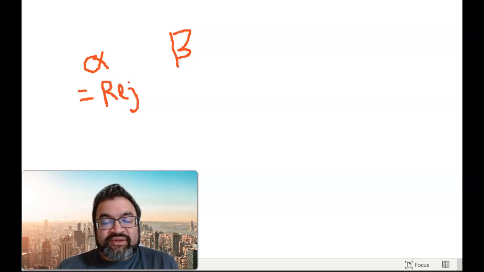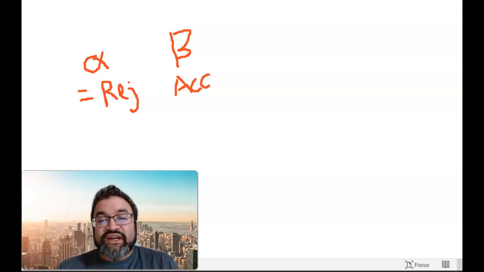And then beta represents the acceptance of a false null hypothesis. So these are the two concepts, and then I wanted you to understand what the p-value is, the definition of a p-value.